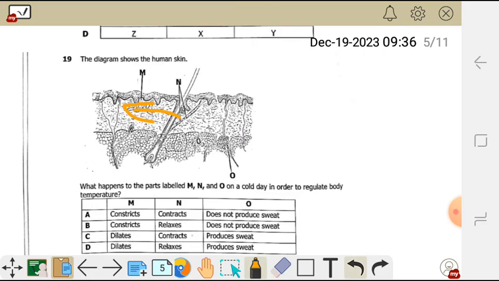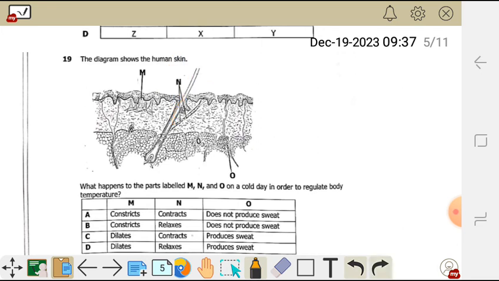So on a cold day, we are expecting the blood vessels to constrict and the hair follicles to be contracted, to stand. Okay, the hair follicles are going to stand. They won't fall, they will be firm on the skin.